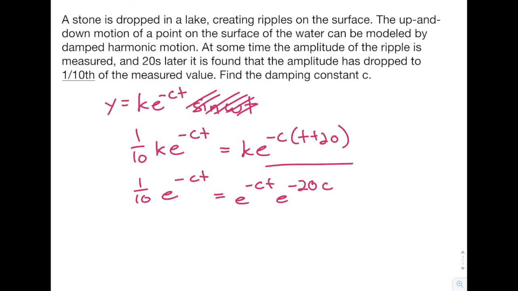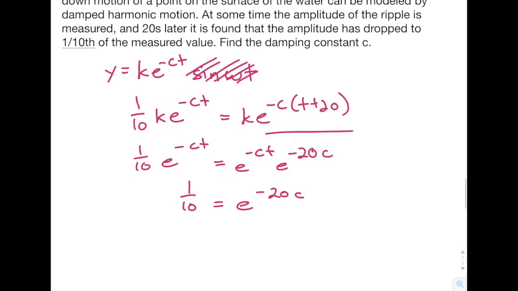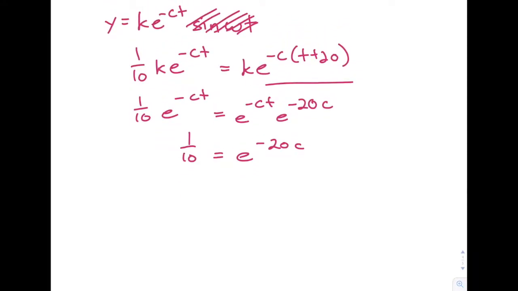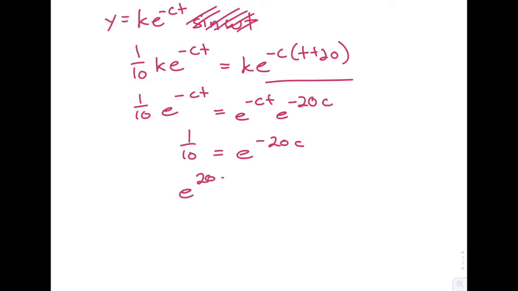So then we can cancel out these e to the negative ct's, and we're left with 1 over 10 equals e to the negative 20c. Then, since negative exponents flip down, we can do a little bit of cross multiplying. So we have e to the 20c equals 10.